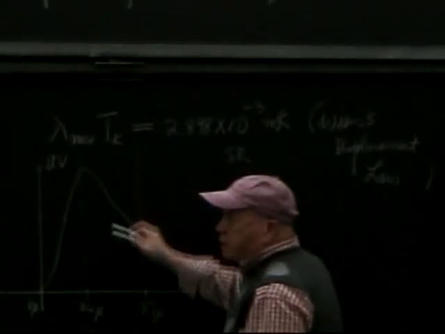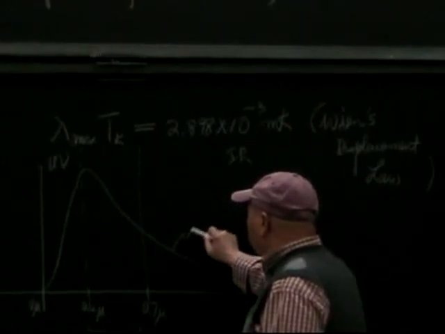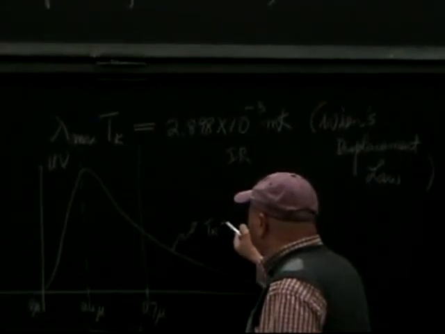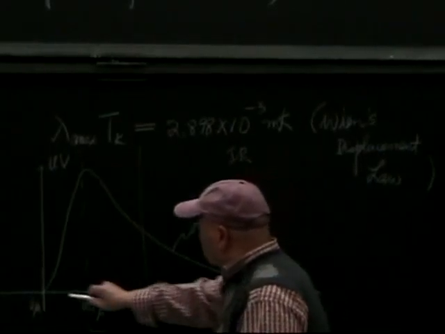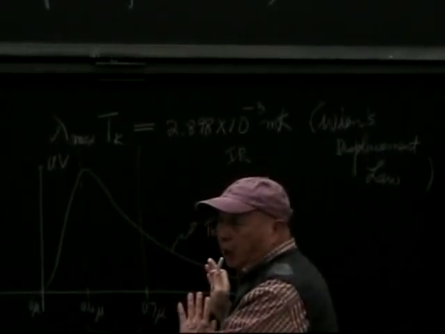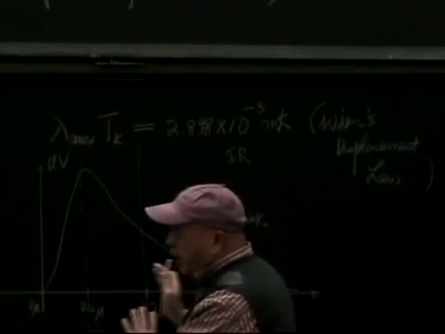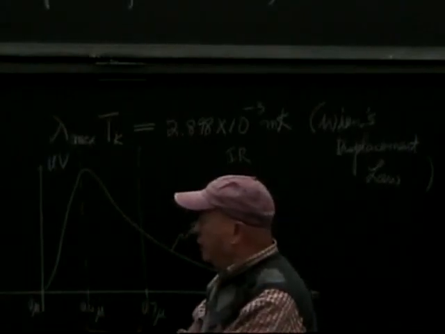The higher the color temperature, like T K equal to 4,000 degrees Kelvin, the more you shift to ultraviolet.